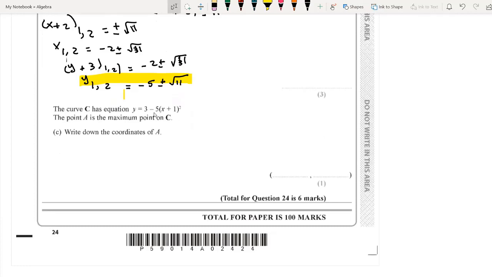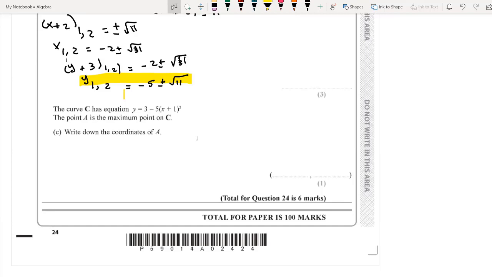Now, the coefficient of x squared is negative 5. If you expand this bracket, it's going to be x squared multiplied by minus 5. So the coefficient of x squared is negative 5. This means that it is an N shape.